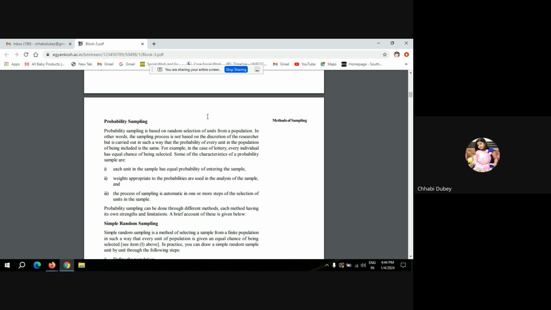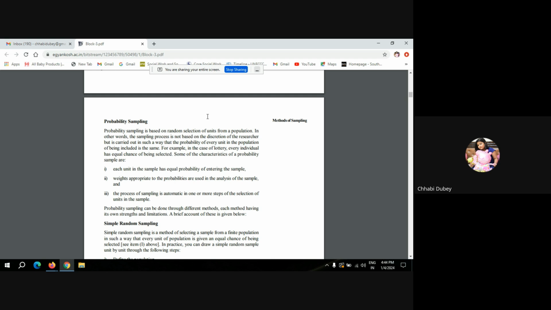First of all, each unit in the sample has an equal probability of being part of the sample. Second, the weights appropriate to the probabilities are used in the analysis of the sample. And finally, the third characteristic is that the process of sampling is automatic in one or more steps of the selection of units in the sample. These are the three important characteristics of probability sampling.